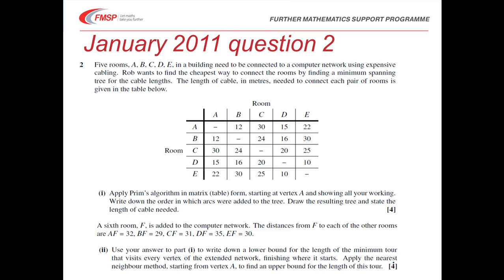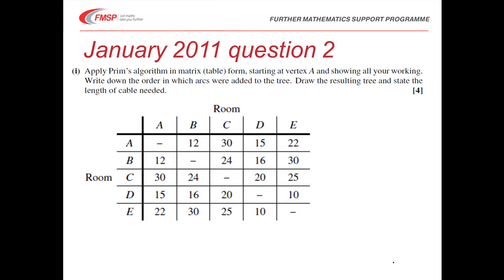So we've got the travelling salesperson problem there, and we've got the minimum spanning tree problem using Prim. So let's have a look. So first of all, Prim's algorithm. So apply it starting at vertex A. So if we're starting at vertex A, then I'm going to circle A and cross out that row.